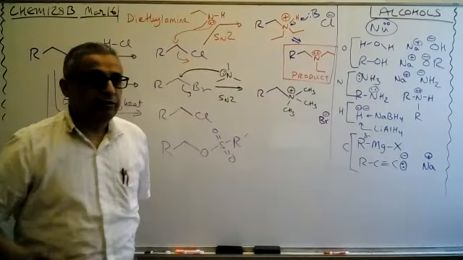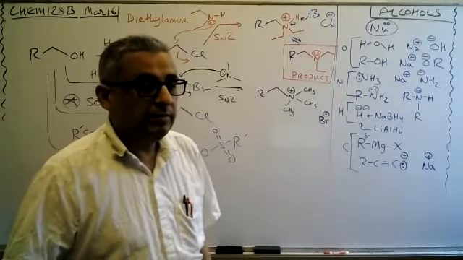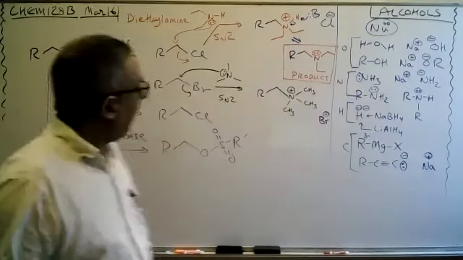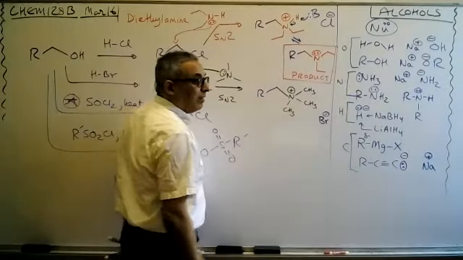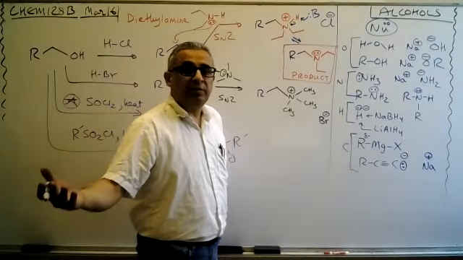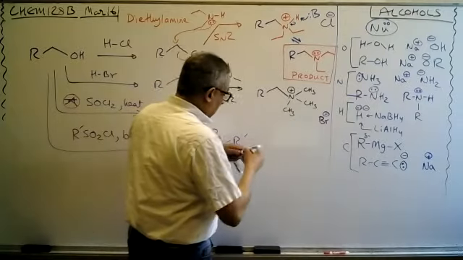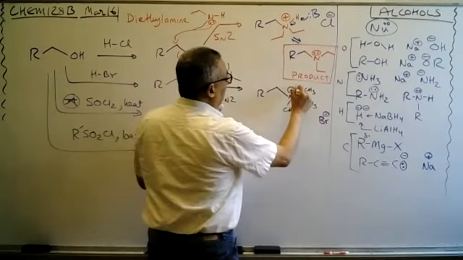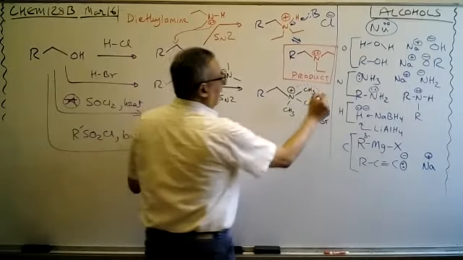How do you make that nitrogen neutral? You can't. That's it. So it's going to be a salt for as long as this molecule is alive. And because it's a salt, the bond between positive charge and negative charge is ionic.